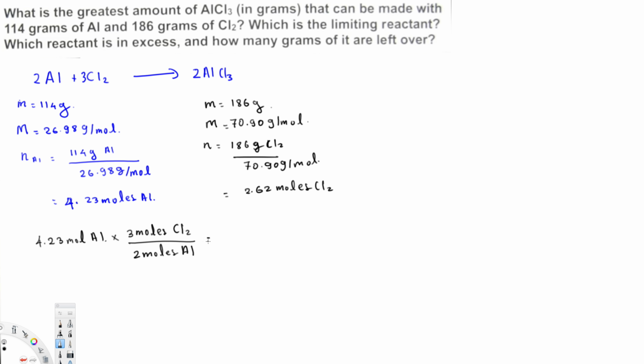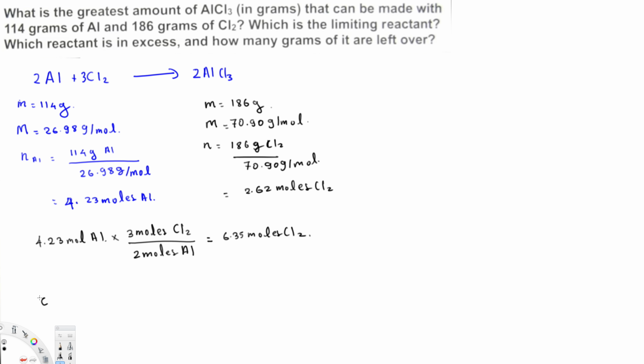And if you calculate that one, that will give you 6.35 moles of Cl2. So this is the amount required to finish this one. So let's see the other one. We have 2.62 moles of Cl2. So to finish this Cl2, how much aluminium is required? So let's calculate that one.